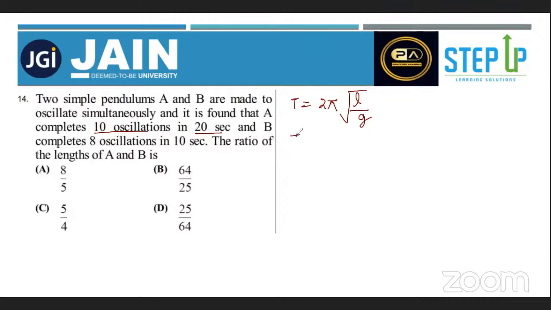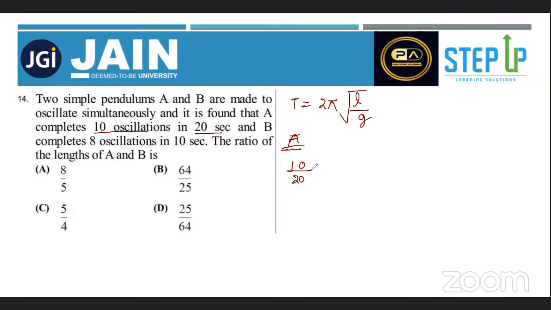If I'm writing it in case of A, 10 oscillations is 20 seconds, so number of oscillations per second.